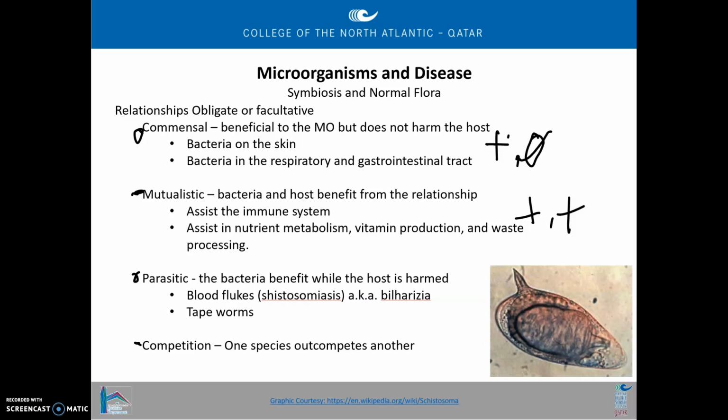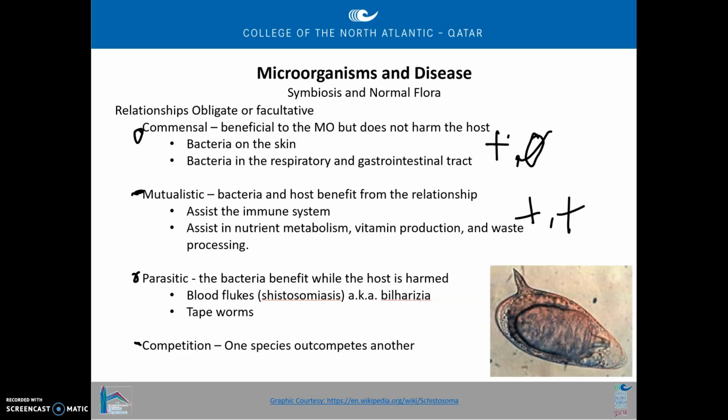So they get a place to live, we get an increased immune system. They can help us in nutrient metabolism, vitamin production, and waste processing. So again, they get a place to live, they get lots of nutrients, and their metabolism gives us some stuff in return. So these things are a plus plus relationship. This is a good relationship for both species.